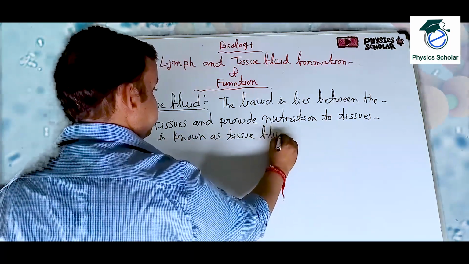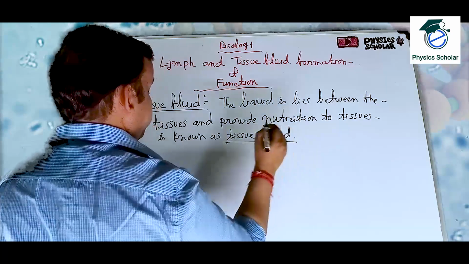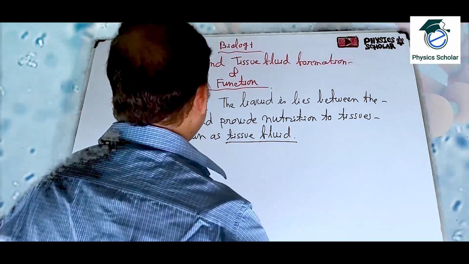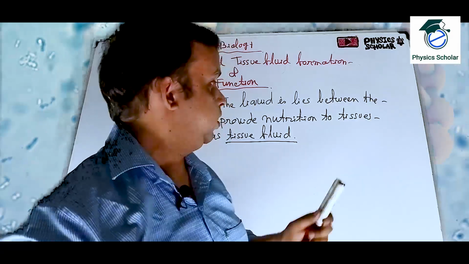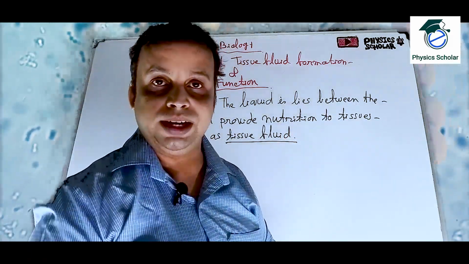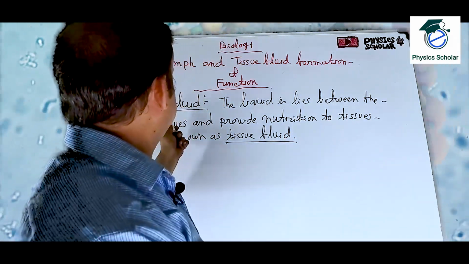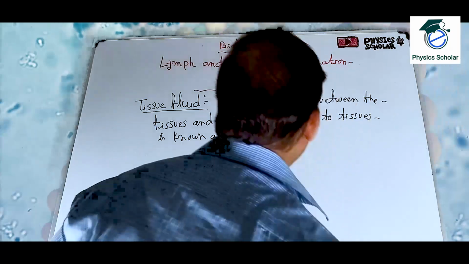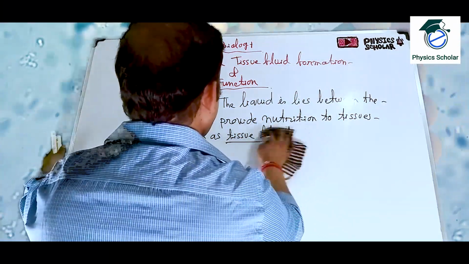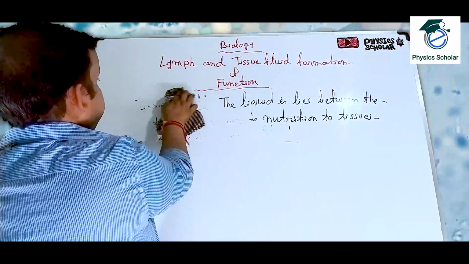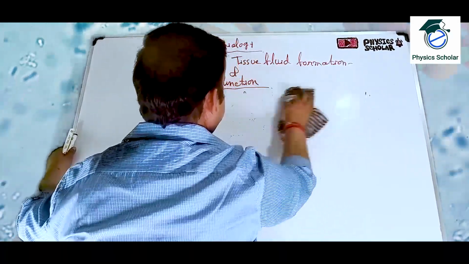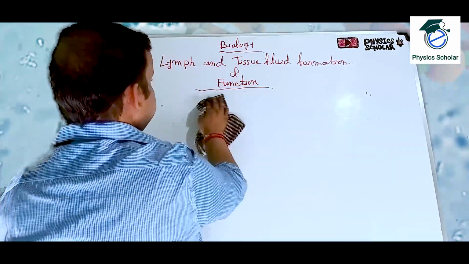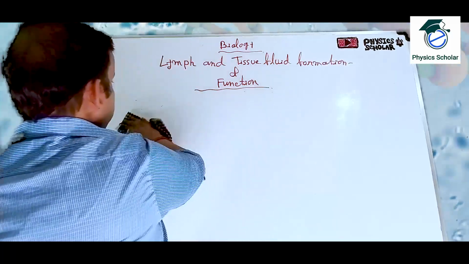So the liquid which is there in between the tissues and provides nutrition to the tissues is known as tissue fluid. Clear? Now how does the tissue fluid actually develop, or from where does it develop, and what is there in the tissue fluid?